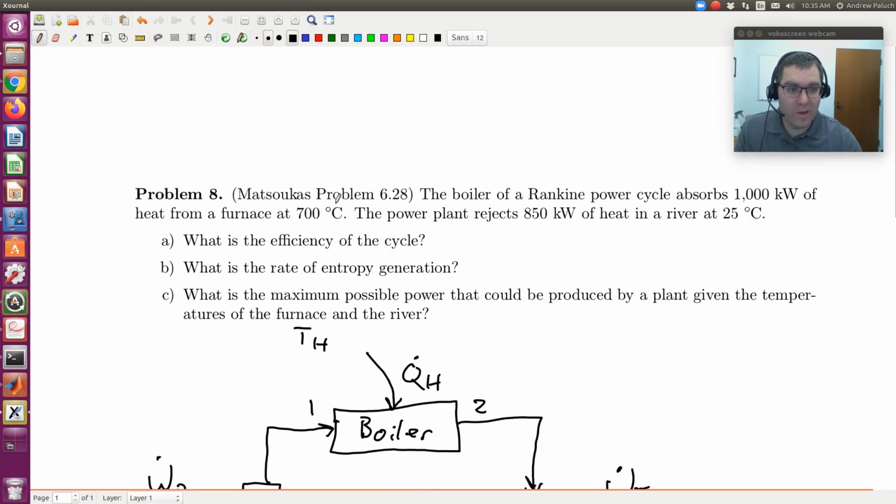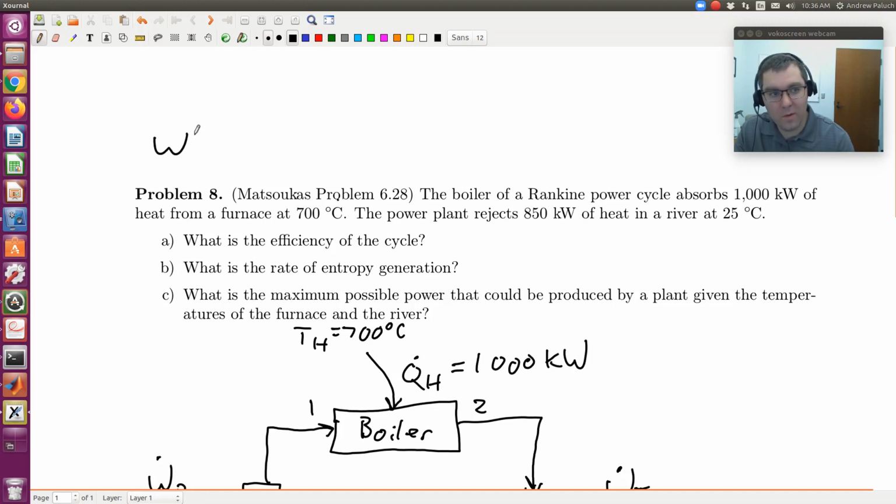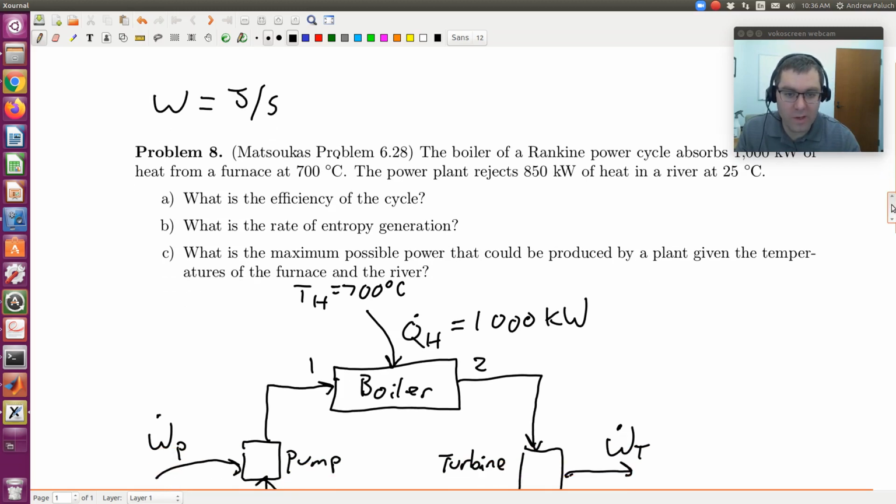Now let's label things. We're told that we absorb 1,000 kilowatts of heat from the furnace. So our furnace, TH, is at 700 degrees C, and the amount of heat that it absorbs is 1,000 kilowatts. Remember, we looked up previously that 1 watt is equal to 1 joule per second, so a kilowatt would be 1,000 joules per second.